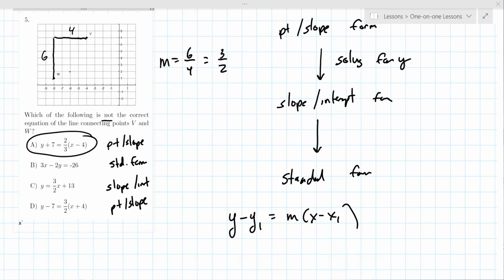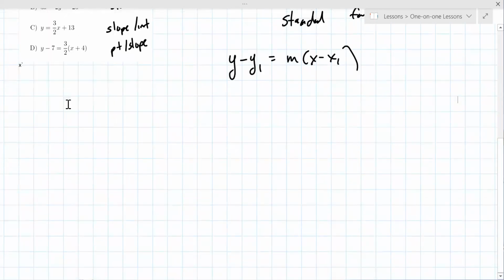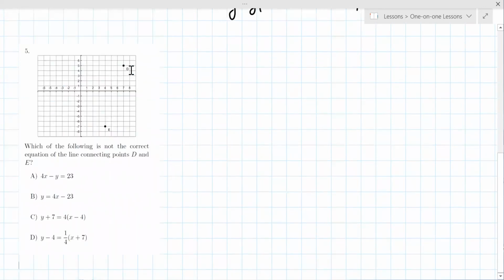Let me see. Try another one here. So for this one though, let me at least get you to write out the equation in point slope form. And I can help here if you need to get the slope. Okay, that's 1, 2, 3, 4, 5.